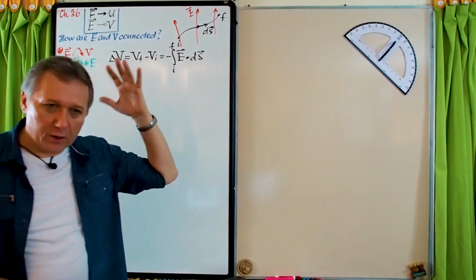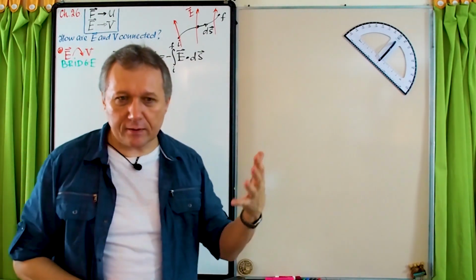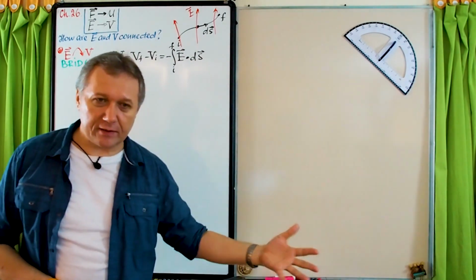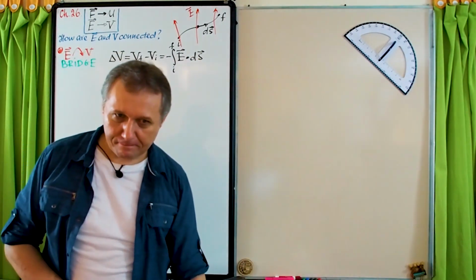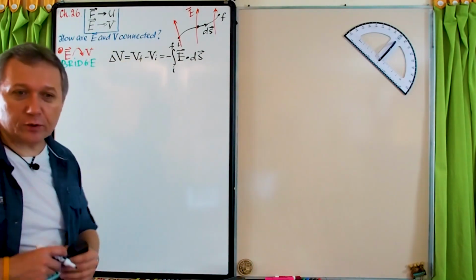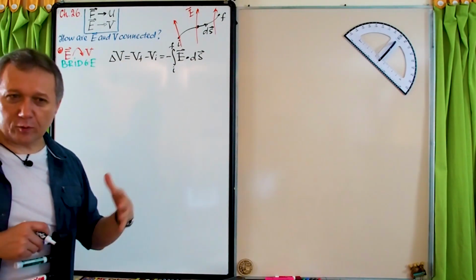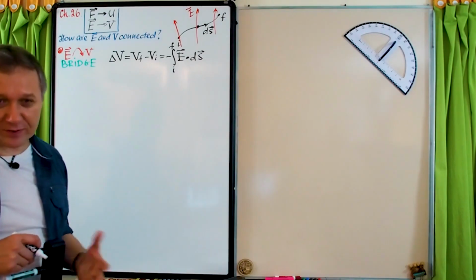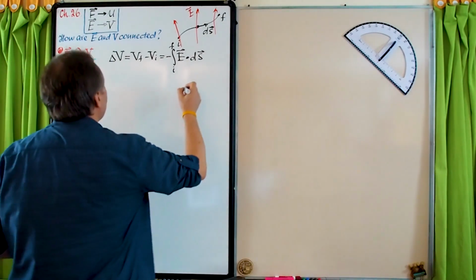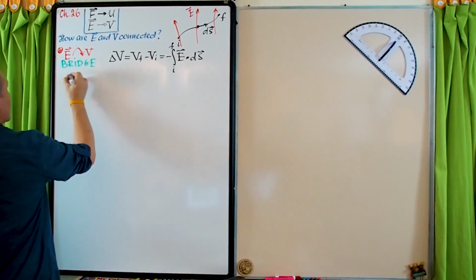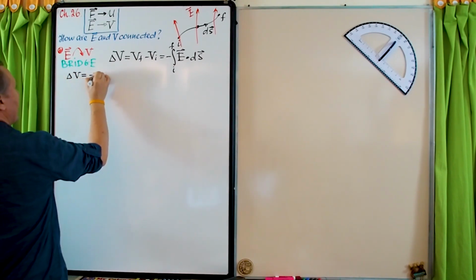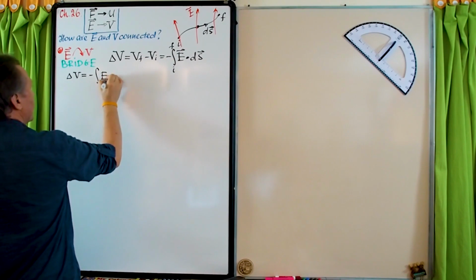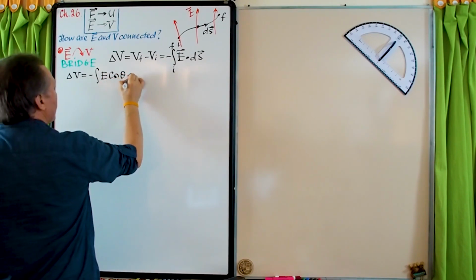You can apply it to find the relationship between the electric field and the electric potential completely everywhere, right? But we need to adjust it for our simpler cases. So in order to do that, I will just rewrite it slightly. So delta V equals minus integral of E cosine theta ds.